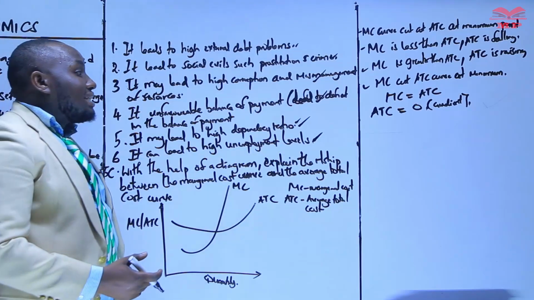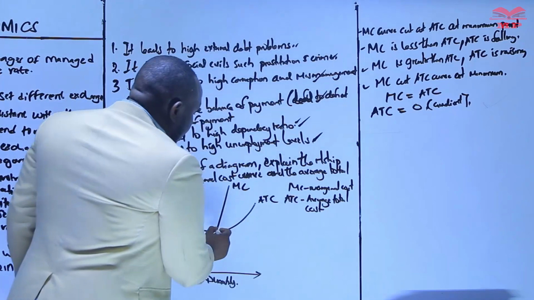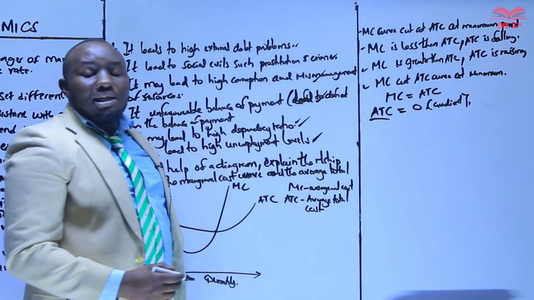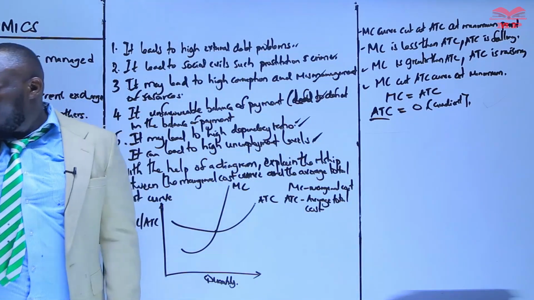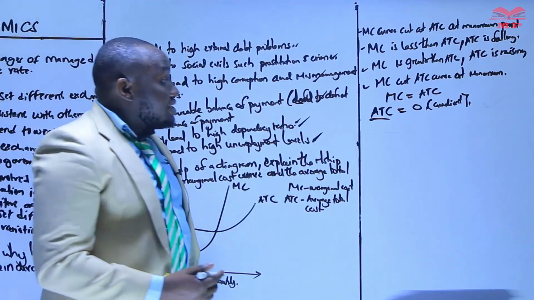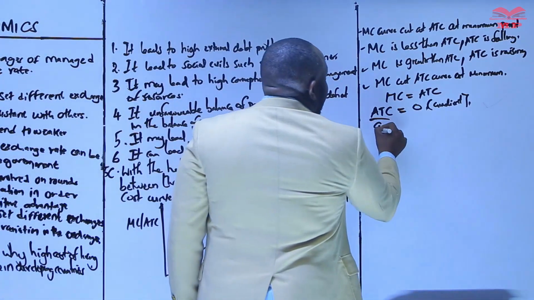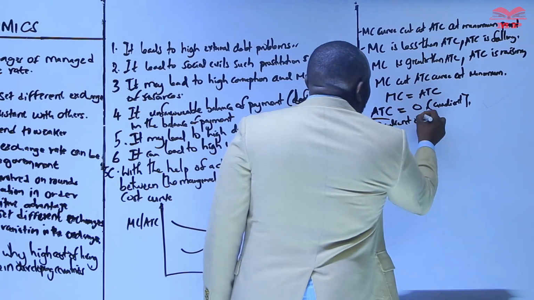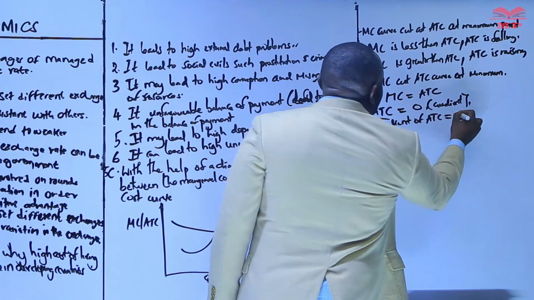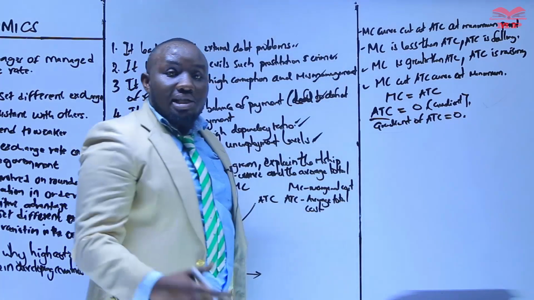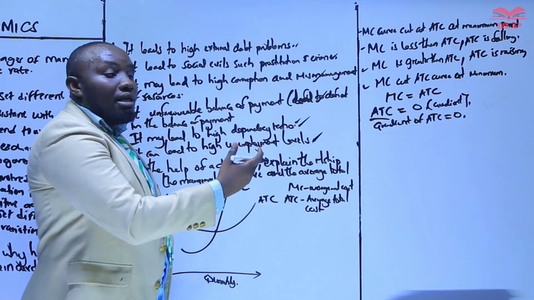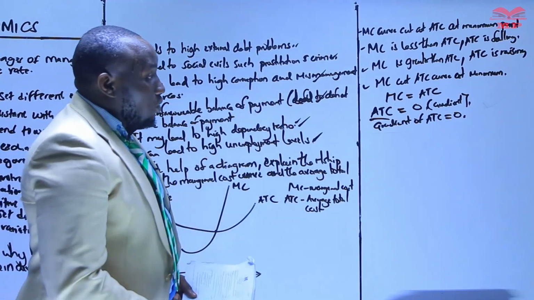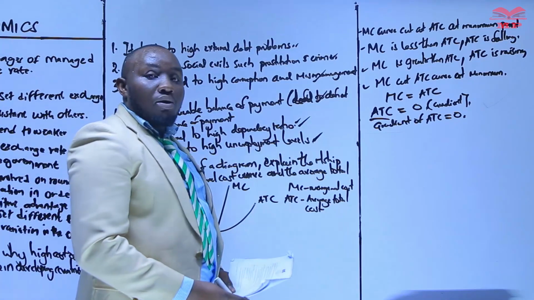At that point where it cuts, MC is equal to ATC, and the gradient of ATC is equal to 0. And that is how we tackle that particular question, question 5C.